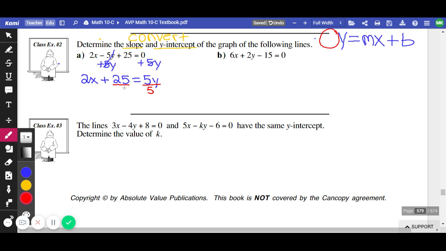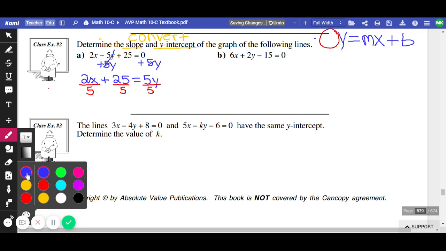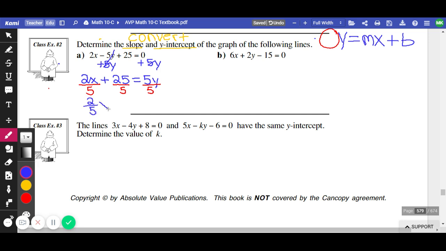And what you do to one thing, you do to them all. Your final answer now is 2 over 5x plus 5 equals y. That is now slope y-intercept form.